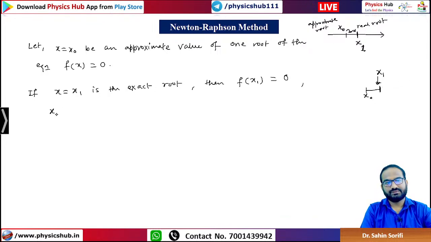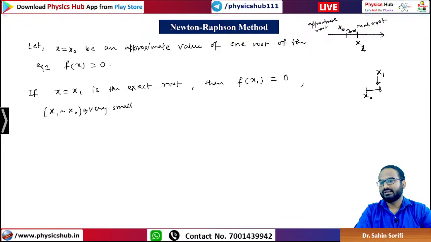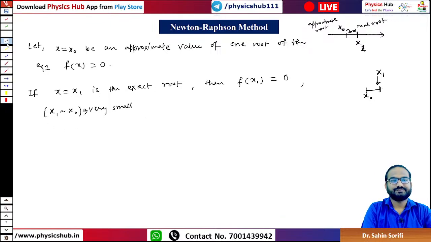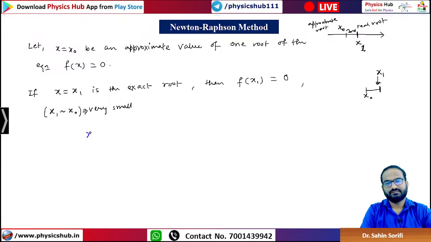So we take the root which is very close to the actual root, so x1 minus x0 is a very small quantity. You get a rough idea that the root may lie near this but not exactly this. So the actual root x1 is slightly away from the approximate root. Let us write x0 plus h equals x1.